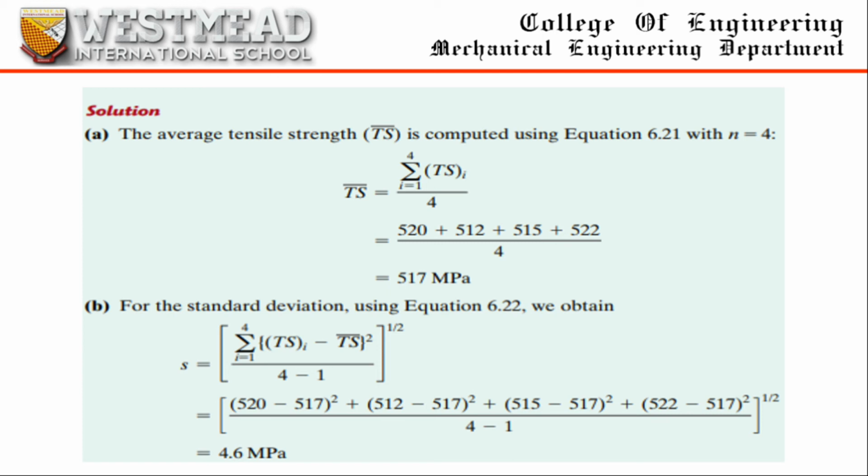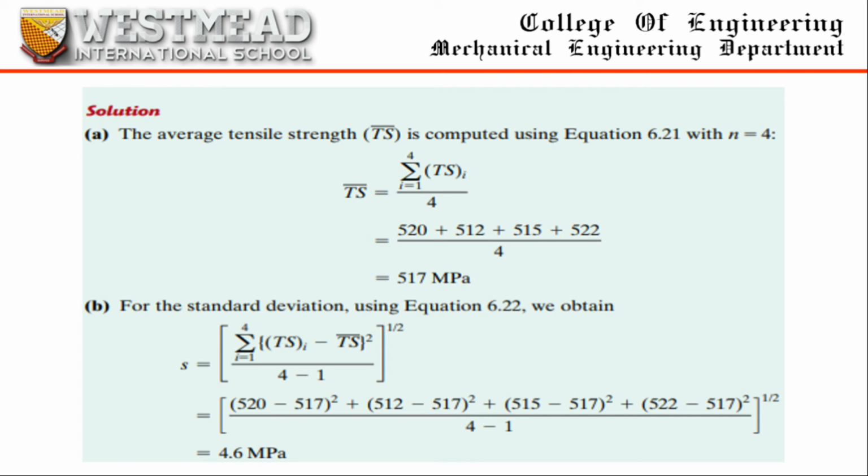And next, for the standard deviation using equation 6.22, we have to find the standard deviation using this formula. So, yung values lang ng tensile strengths natin minus sa nakuha natin na average tensile strength, squared.